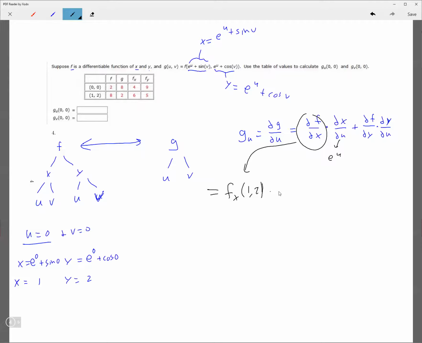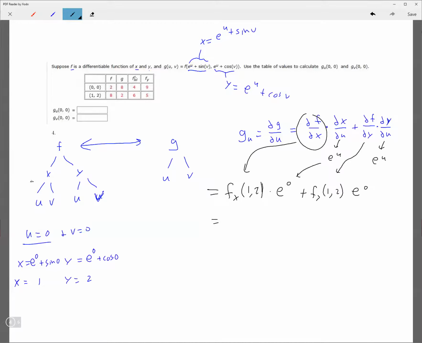So we have times e to the 0, because u is 0. And then this next piece, df dy, that's going to be f_y evaluated at 1, 2. And then dy du, the partial with respect to u, is just going to be e to the u. So that's e to the 0 as well.